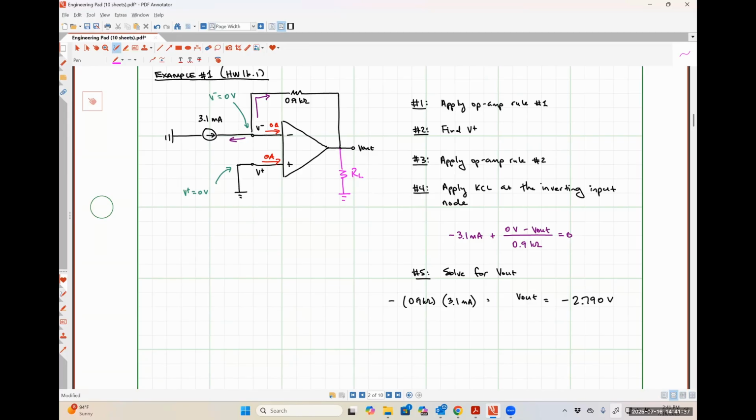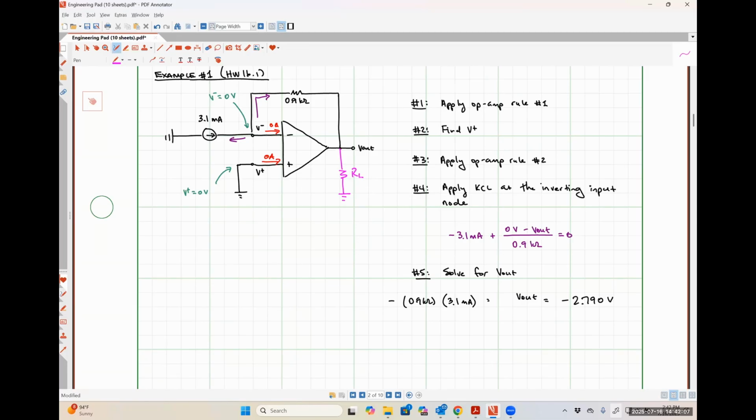Would our analysis change at all if that RL were in the circuit? No, not even a little bit. Literally nothing would have changed.